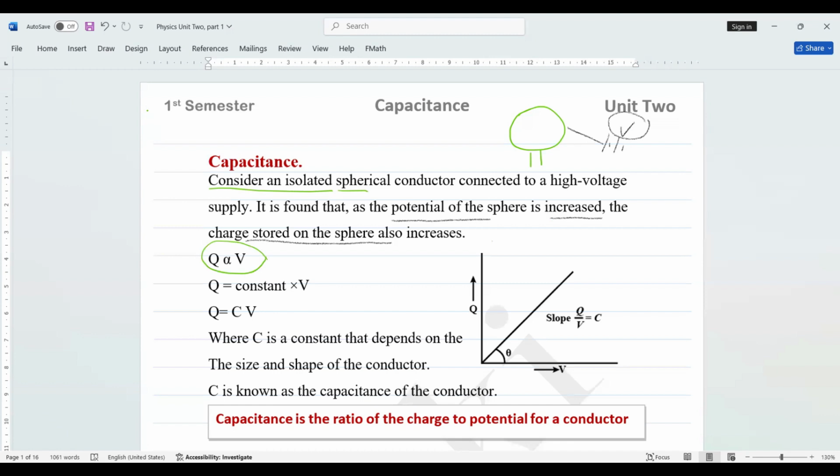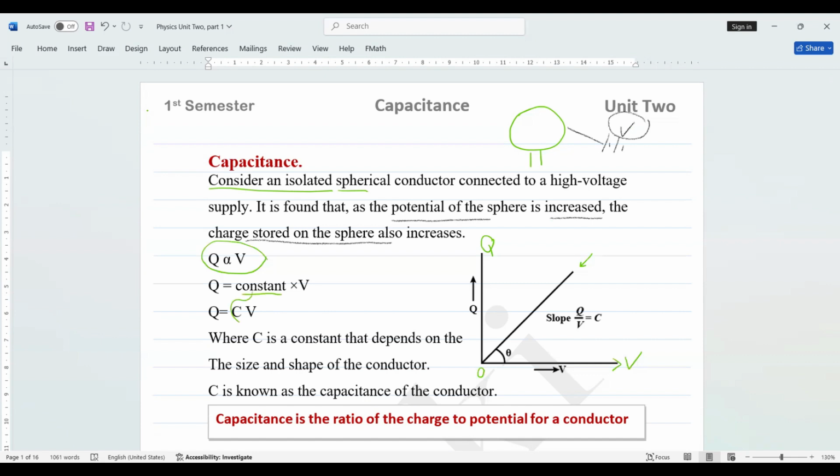If we draw the charge on the y-axis and the potential difference on the x-axis, we will get a straight line passing through the origin because it's a direct relation. Then we can write Q equals a constant multiplied by V.